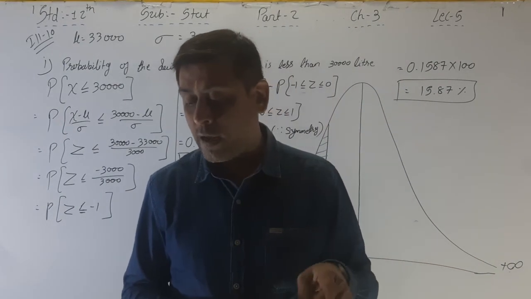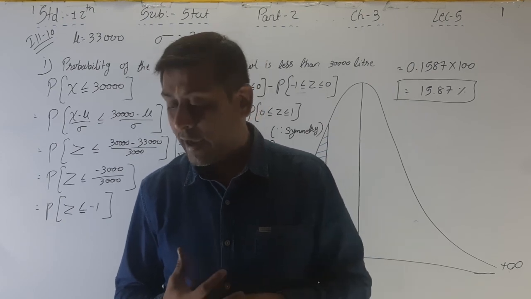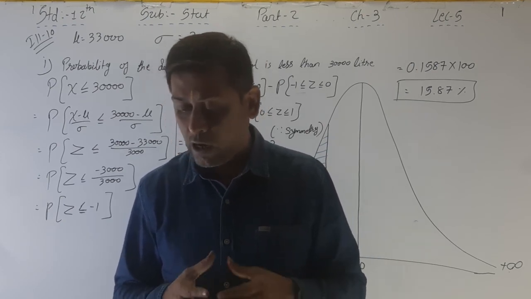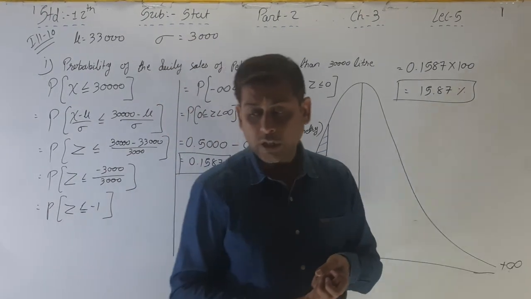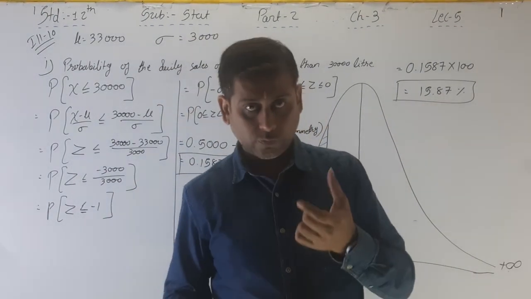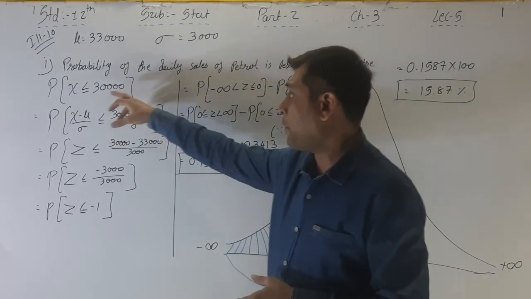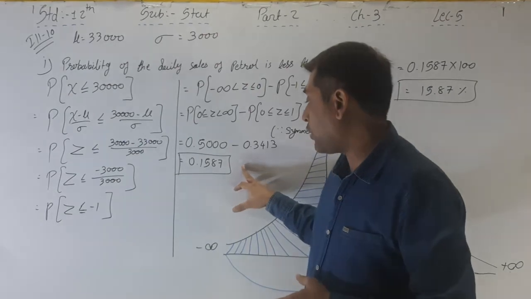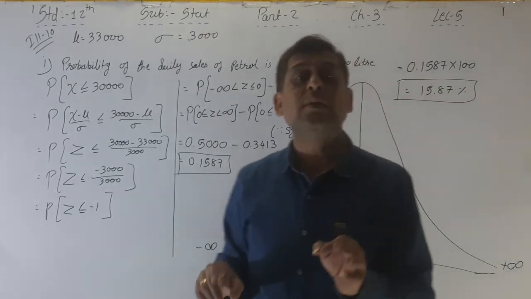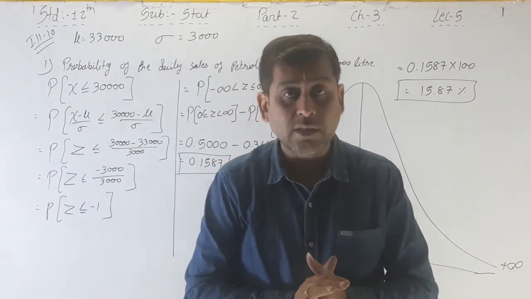During the month of May, how many days are expected so that the sale of petrol is between 32,000 to 35,000 liter? First of all, we have to find the probability between 32,000 to 35,000 liter, and after the probability we have to multiply with 31 days.